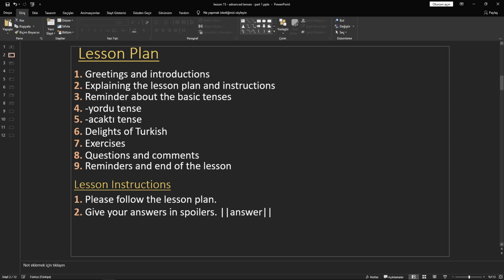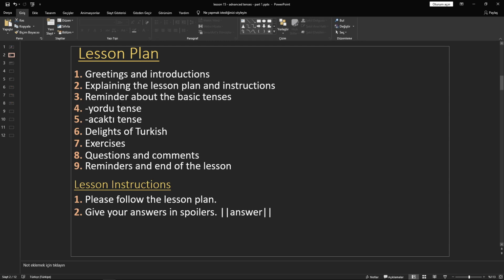And then we will talk about colloquial details with more useful phrases or useful notes or things to know. Then there will be exercises. After that, I will answer your questions about this lesson or about Turkish in general, or about how the server works, like any of the questions. Then I will make some more reminders and end the lesson.